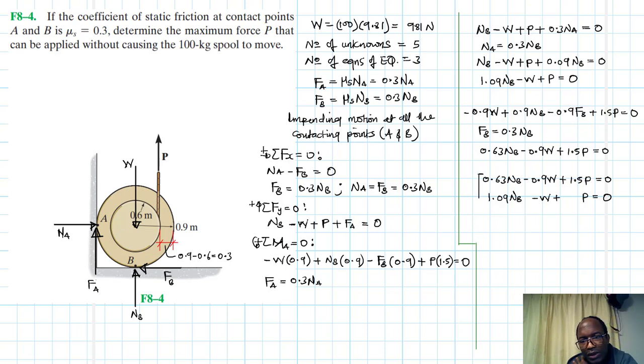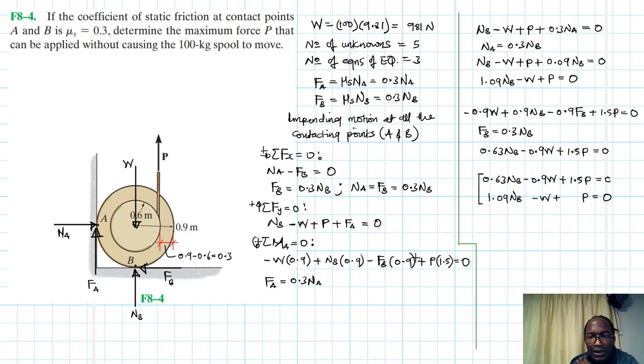What we are going to do is see what we can get rid of. Of course, we get rid of the unknown so that we remain with what we want to find. We want to find P, so we are better off removing NB.